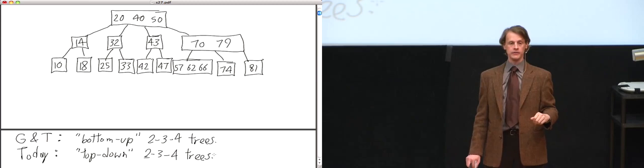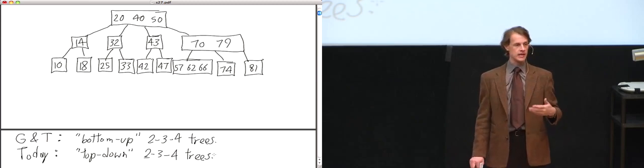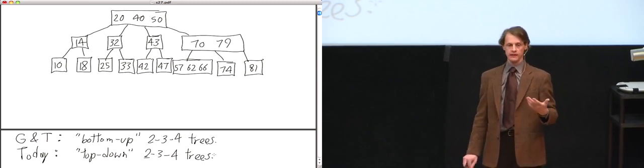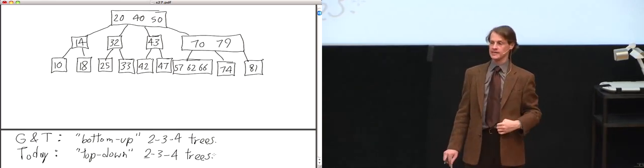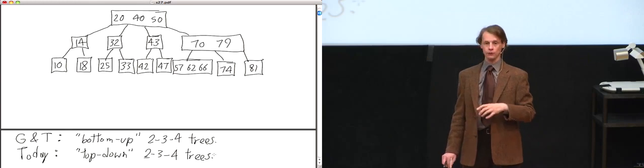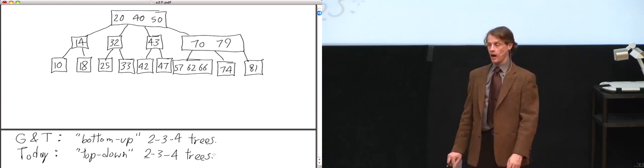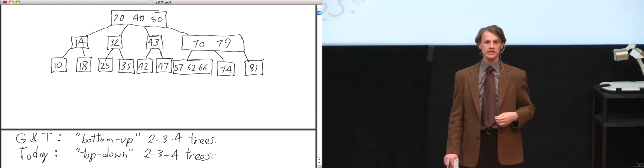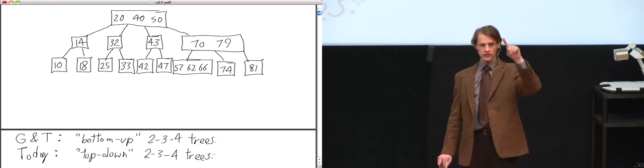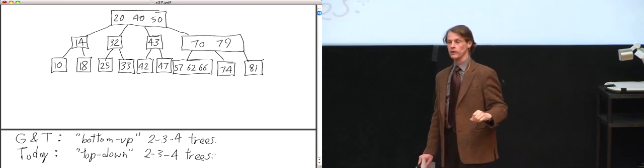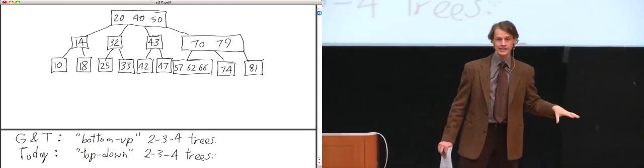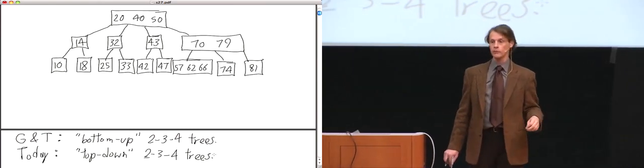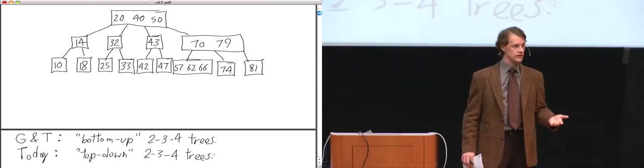In bottom-up 2, 3, 4 trees, you sometimes have to restructure the tree after you do your search, in which case you start going back up the tree as necessary to restructure and rebalance it. With the top-down 2, 3, 4 trees, we don't have to go down the tree and go back up again. We just go down the tree once, but we are restructuring the tree as we go down, right from the start. We don't wait until we find what we're looking for before we start changing the tree to improve its balance.